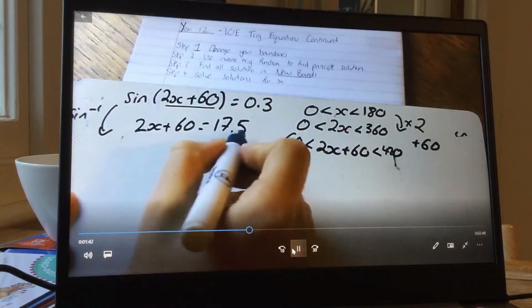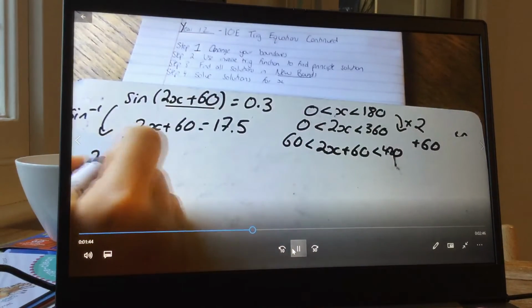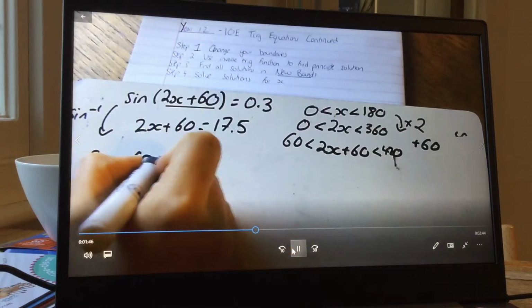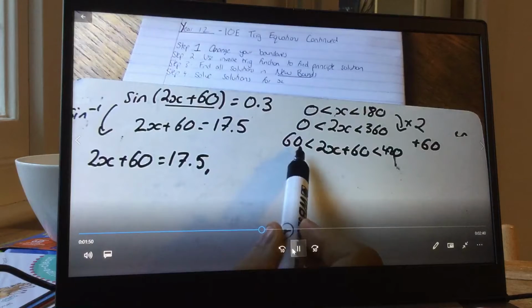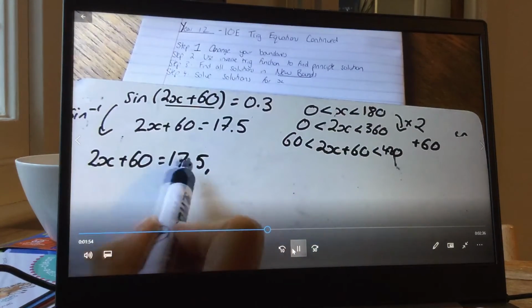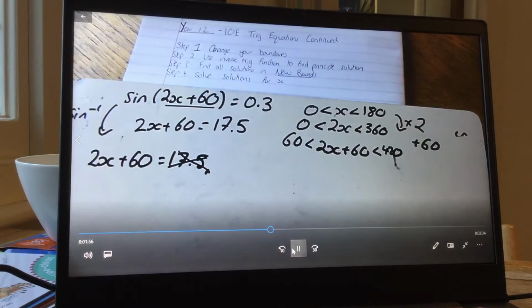This is to one decimal place. So I know that 2x plus 60 equals 17.5, but I also know that I need to actually be in the bound 60 to 420, so that isn't actually going to be an answer.